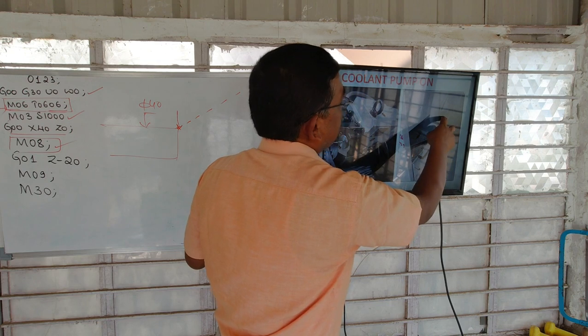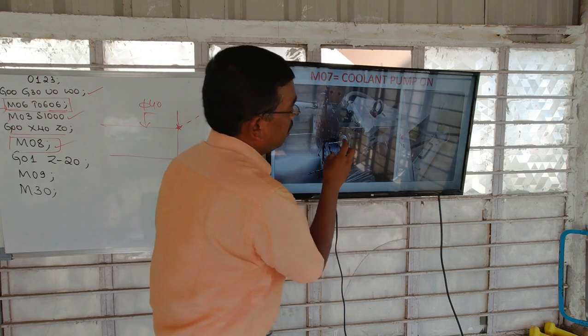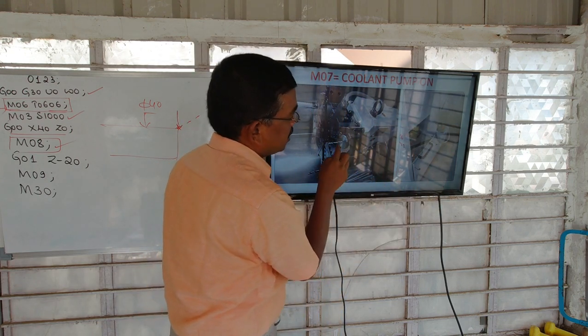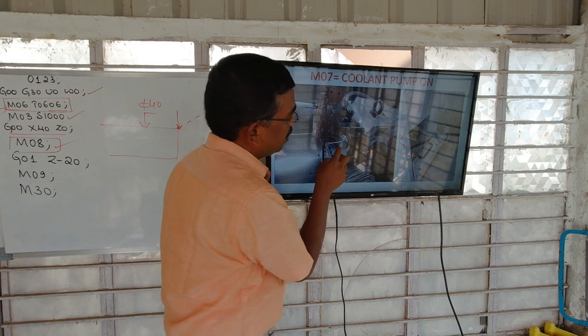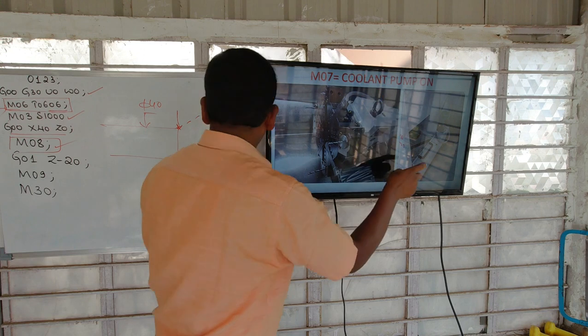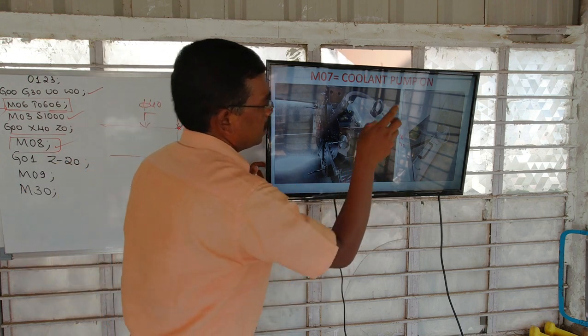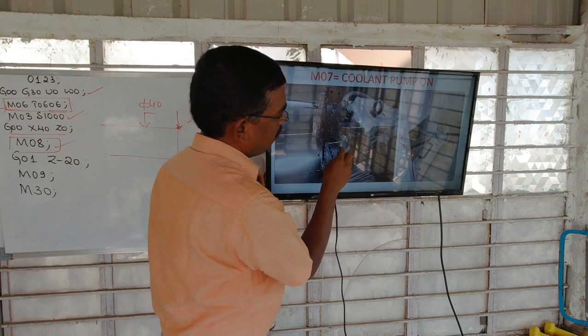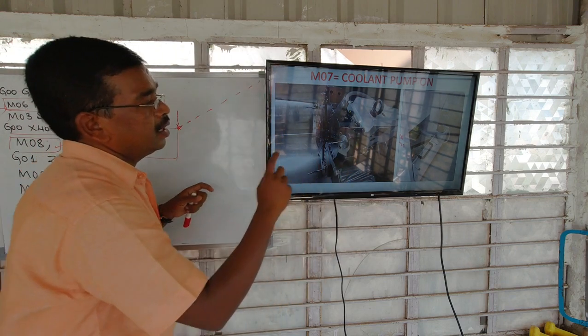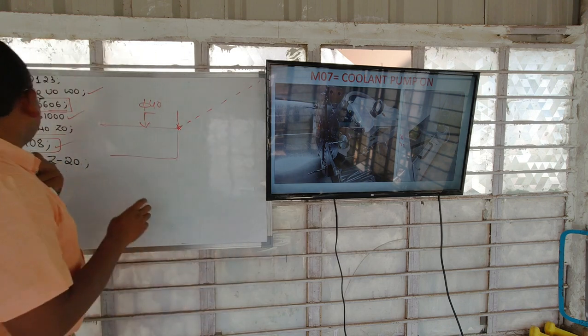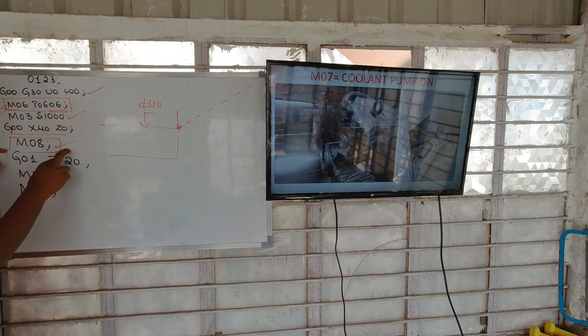As soon as it activates, the coolant will discharge from the nozzles of every cutting tool. Here in the turret there are 2 nozzles. When M08 is read by the controller, the coolant will automatically discharge at these points. For switching on the coolant system, we enter M08 in the program.